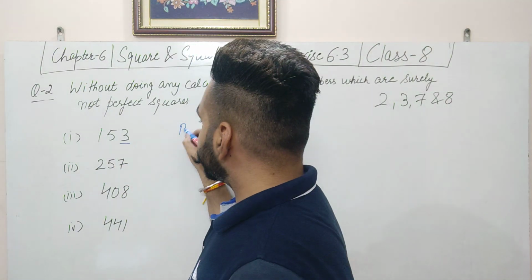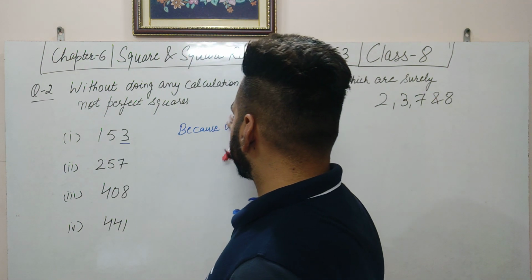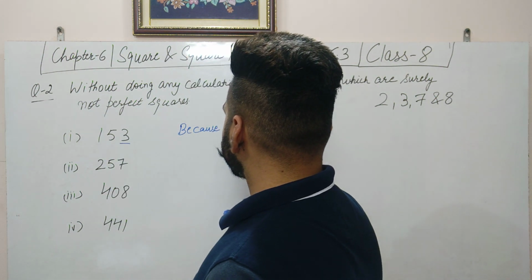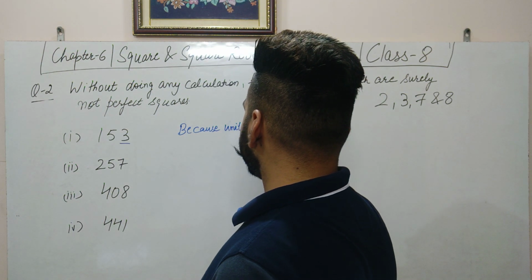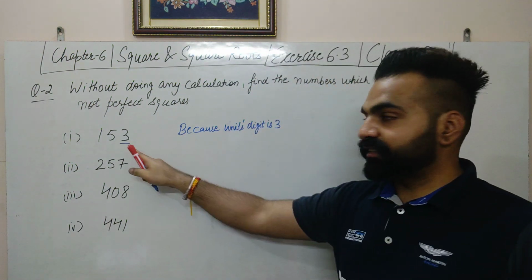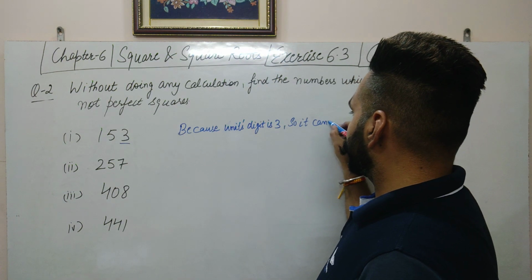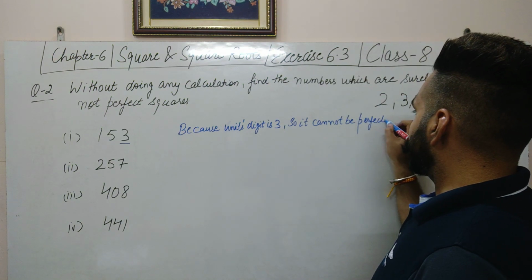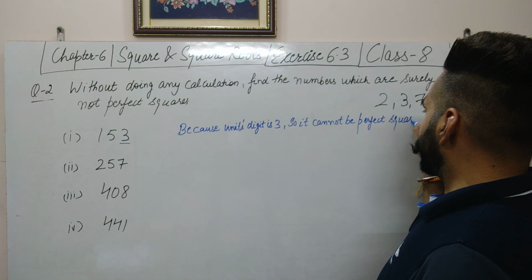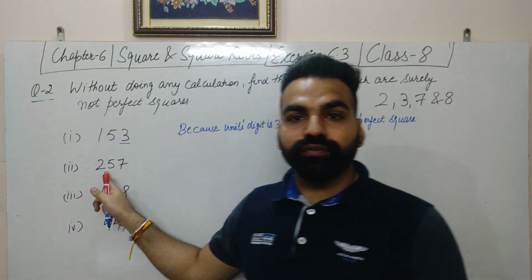So because the unit digit is 3, the unit place here is 3, it cannot be a perfect square. The second number is 257.